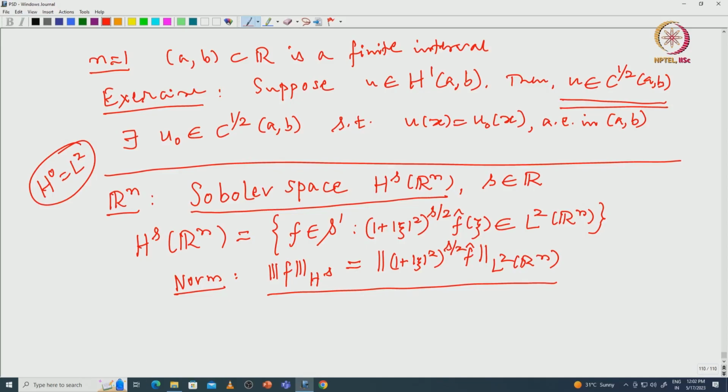So, what is the connection between this definition and the earlier definition? Let me quickly say that.